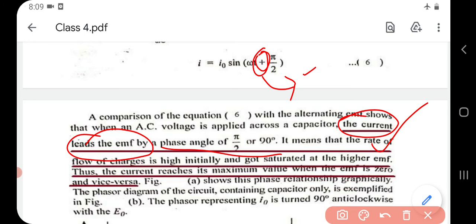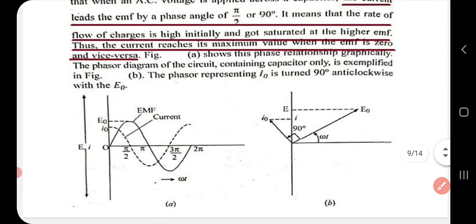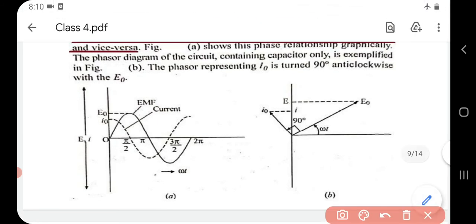That is, current reaches its maximum value when EMF is 0 and reaches its minimum value when EMF is maximum. Like that, just the reverse. So similar to what we have seen in the inductor case, here also you can see a phasor diagram and a sine wave diagram. Here this current is leading EMF by pi by 2. This is a phasor diagram. So these two diagrams also you can draw.